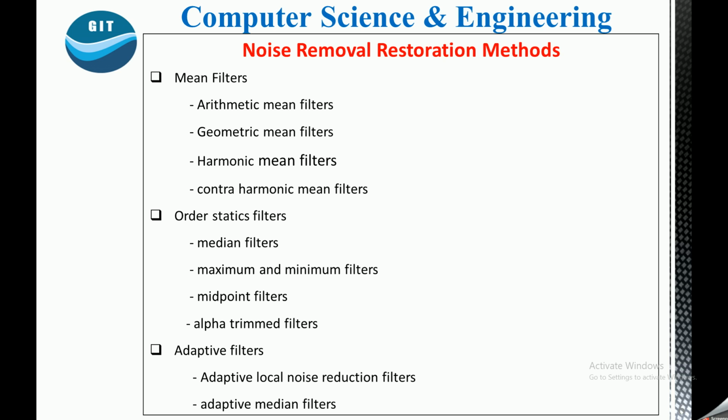The mean filters are also categorized into four parts. The first one is the arithmetic mean filter. In this arithmetic mean filter, the process is to compute the average value of the corrupted image g(x,y) in the area defined by the window S(x,y).